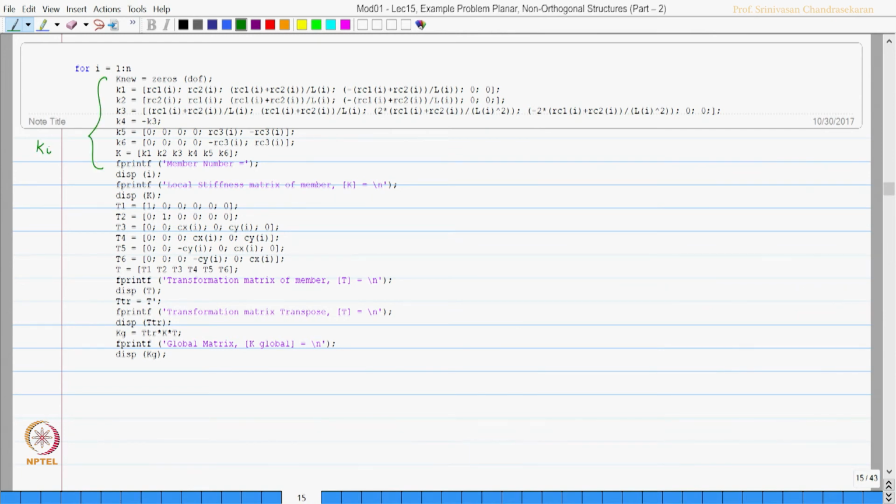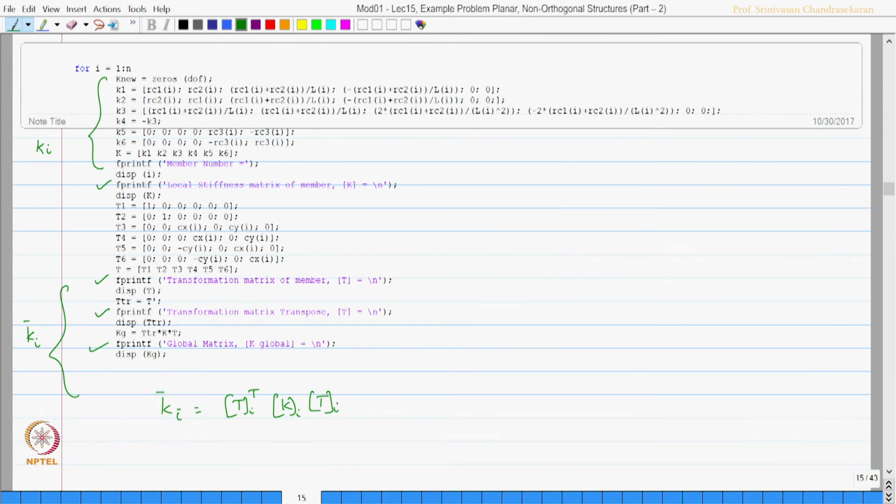So, obtain K i local. Print the local stiffness matrix, then find the transformation matrix and transpose matrix and obtain K global. Now here you get K bar of i, which is nothing but T transpose K T of i, is it not?